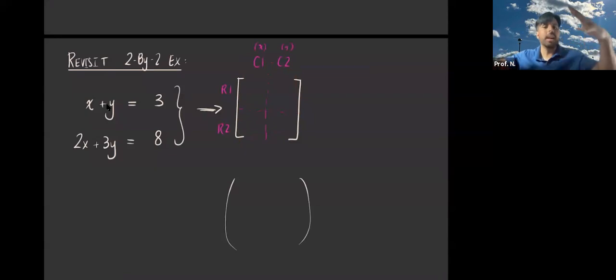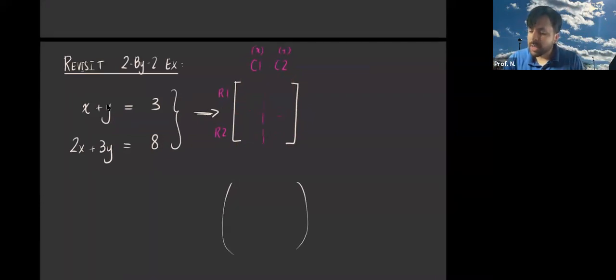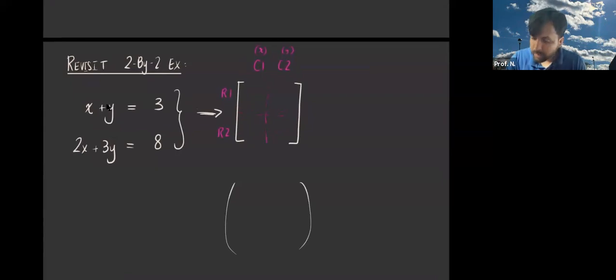And then you start to see how we can extend this to a 3x3 system, where we have 3 rows and 3 columns. It becomes very natural. So what are we going to include in this matrix are the coefficients. The coefficients of the first equation are 1, 1, and then the second equation would be 2, 3.